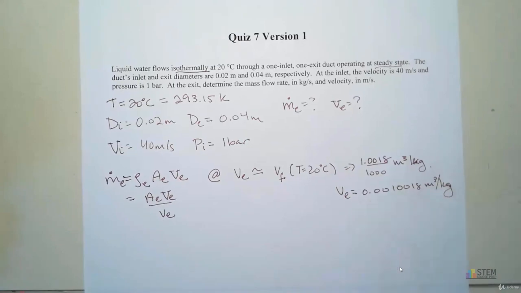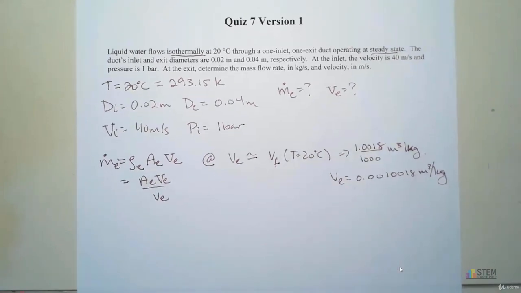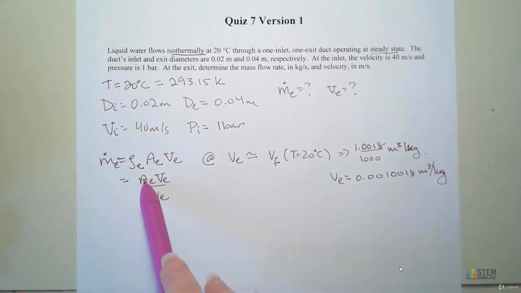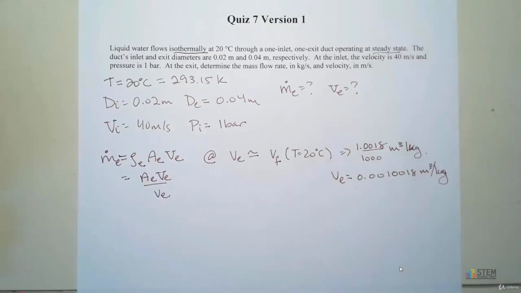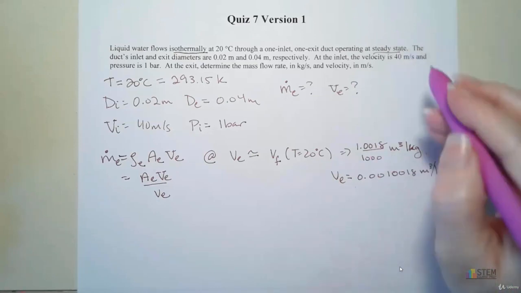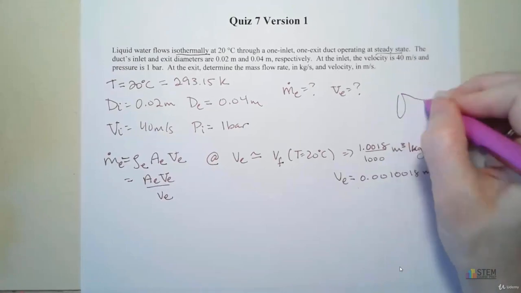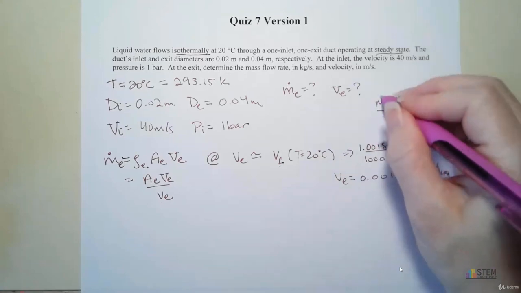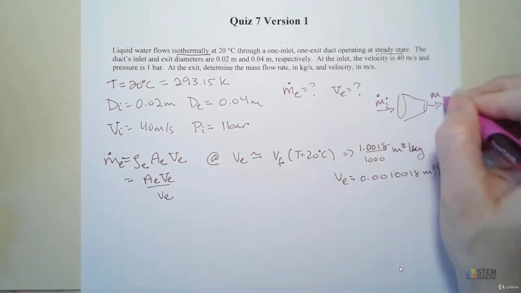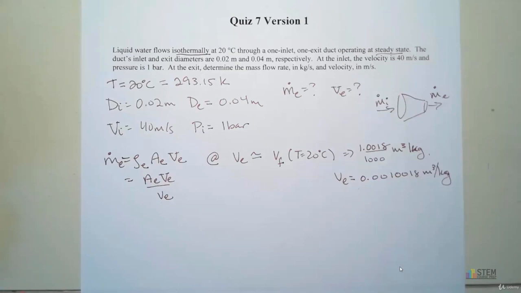Now we've got our specific volume at the exit, an approximation at least. So we've got that done, and we've got to know our area, which we can find. What about our velocity? We don't have that yet, right? We're looking for that. So let's figure out what else we could do. We know this is steady state, so if we're coming in here and coming out here, we've got an m dot I and this m dot E. If it's steady state, what do we know about those two things?